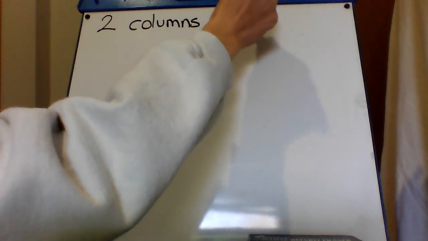So what we're going to do next, and what you'll see when you go on Zern, is that they want you to shade parts. So it says shade 2 columns of 3. Well, you might not have the proper paper at home to do this, so I thought that we could just draw it, and I thought it would be really good practice. So 2 columns of 3.